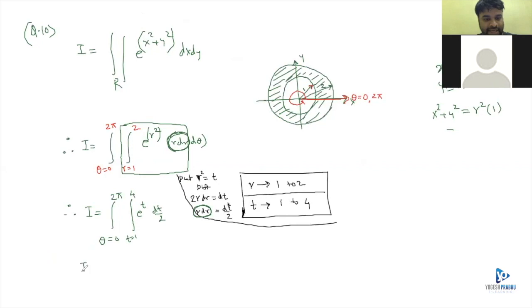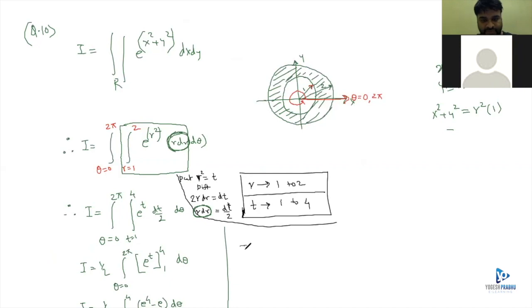So I'll write that as I equals 1 over 2, theta goes from 0 to 2 pi. What is the integral of e to the t? e to the t, going from 1 to 4. d theta is still remaining outside. I equals 1 half, integral theta from 0 to 2 pi, e to the 4 minus e, d theta.